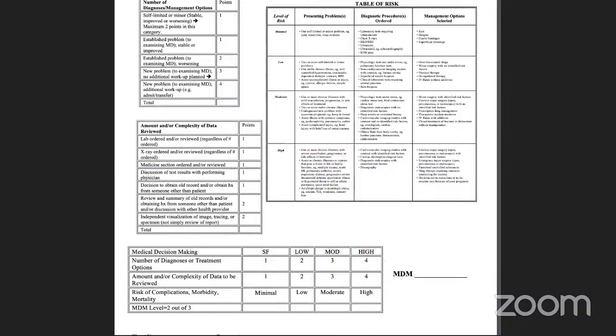So then we're going to do our last one. This patient is in for a hospital visit. They had gallstones and they had reflux. So we have 2 problems that are getting worse. So that is a total of 4 points. And I'm not going to put as many marks on this one because you guys are all experts now. So 4 points. And then we have no data that was reviewed.